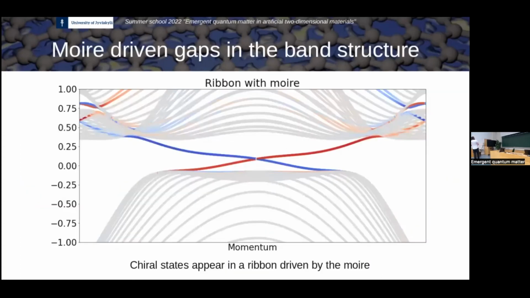And let me emphasize that apart from this, there's another case that we are going to address in a little bit more detail tomorrow, which is the case of Chern insulators in twisted bilayer graphene. So in twisted bilayer graphene, I mentioned before that the twist essentially creates an artificial gauge field that creates pseudo Landau levels.